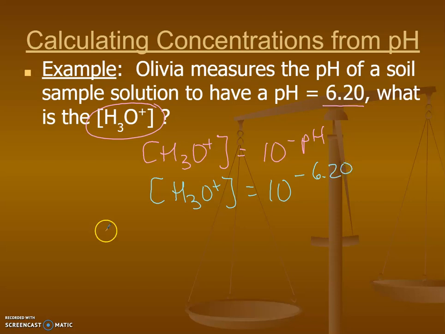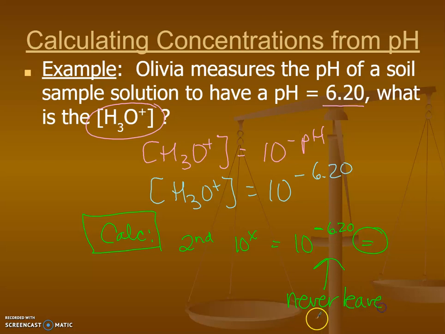When you are using your calculator, be very careful. You should be hitting the second button, and then you should see that 10 to the x pop up, and you type in 10 to the negative, make sure you put negative 6.20, and then hit enter. Never leave a decimal as your exponent.